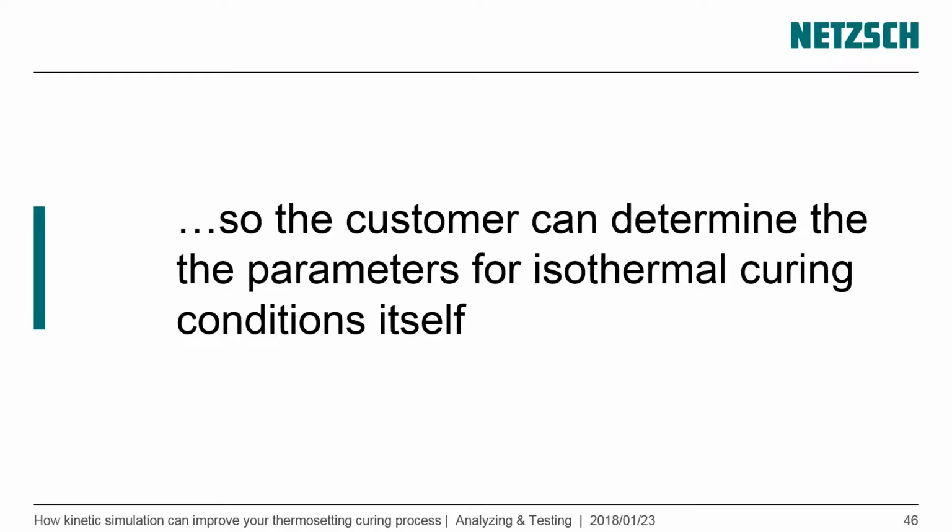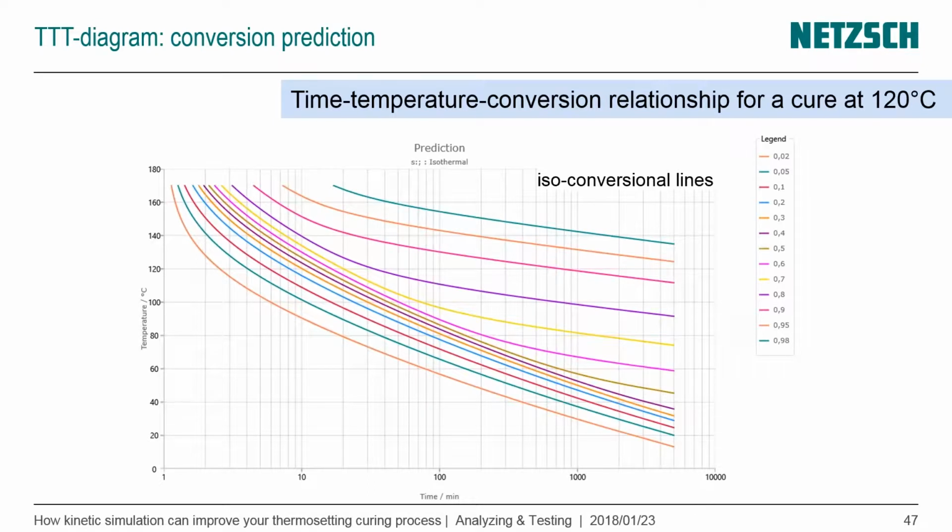This landscape gives you the chance to have a look at it and to determine the values you want to without doing further kinetics evaluation. So you can have a look to this landscape and you can have a look, what temperature do I need for what time to reach my goal? So let's have a look at that.